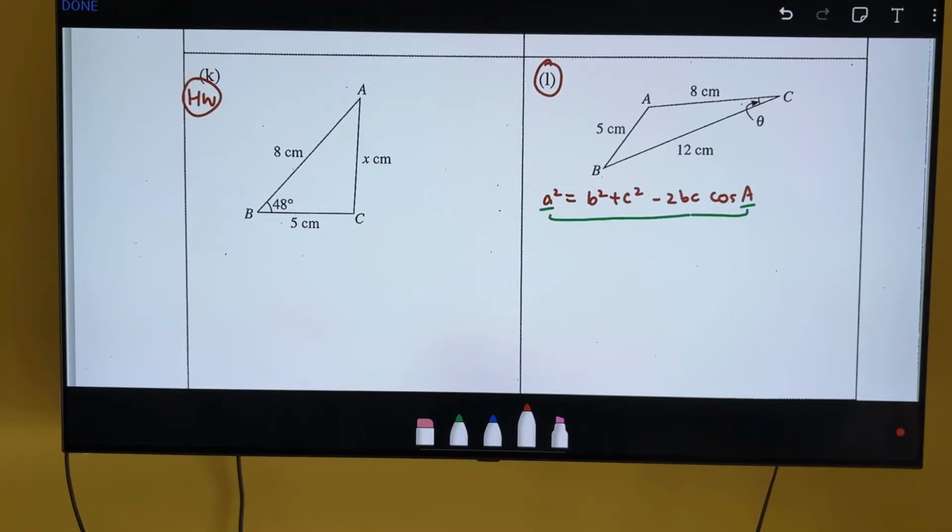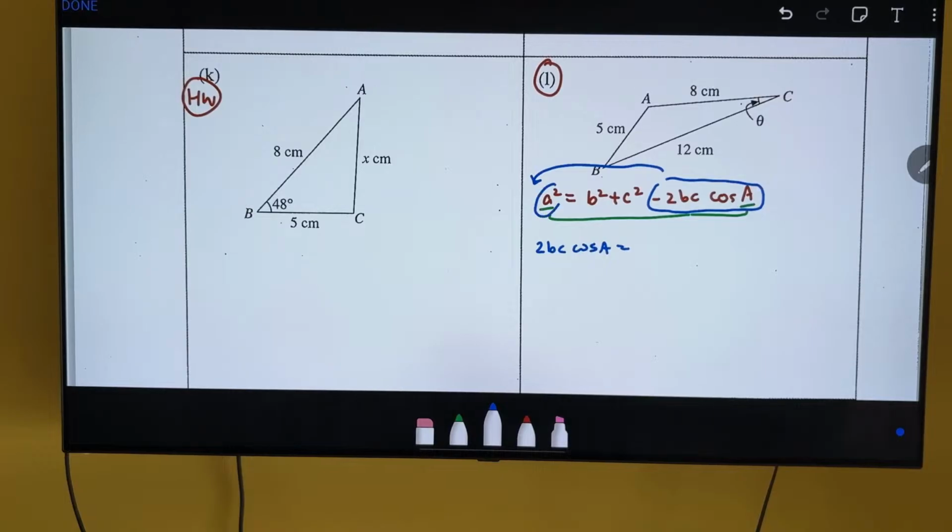So what are we doing essentially? This whole expression here, minus 2bc cos A, I'm going to move it to the left. Okay, so that will give me positive, right? So I will get 2bc cos A. And what I'm going to do to the a squared left over here, I'm going to move it to the right. And that will give me b squared plus c squared minus a squared. Now, one more step to making A the subject.